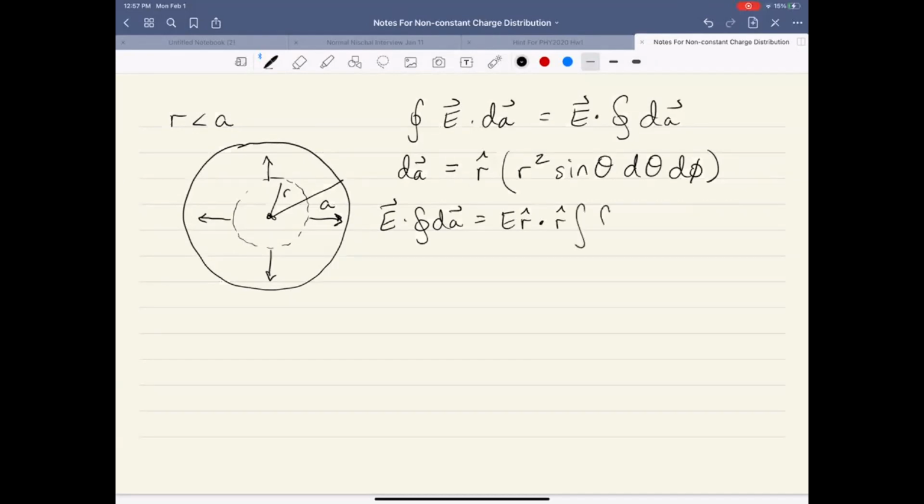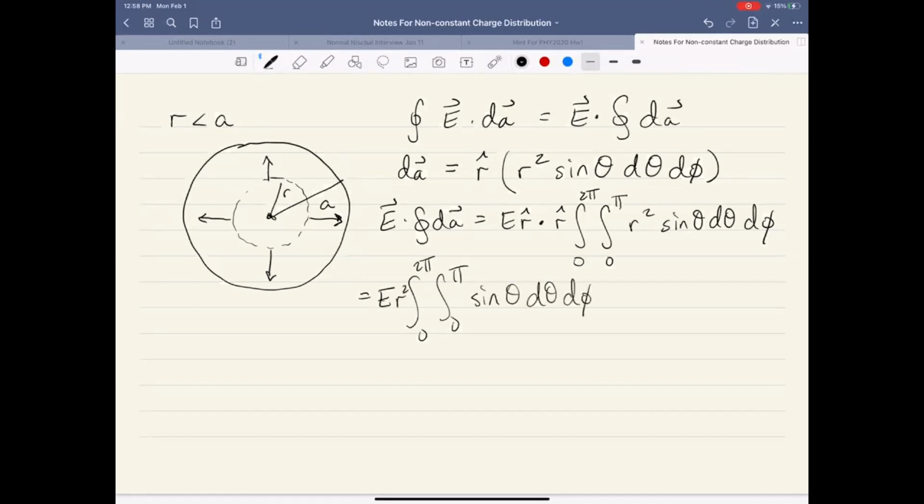And then I'm just performing the integral for my spherical coordinates of r squared sine theta d theta d phi, like that. Now r hat dot r hat is 1. So that's just E. And then I have the integral of 0 to 2 pi, 0 to pi. R squared isn't integrated over, it's an area integral. So that pulls out front r squared, right? And then I have the integral of sine theta d theta d phi.